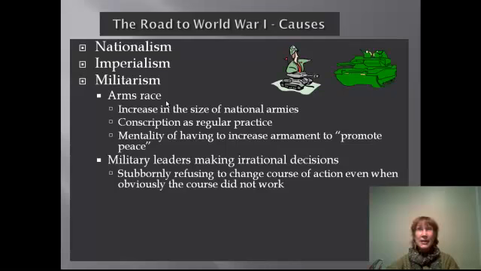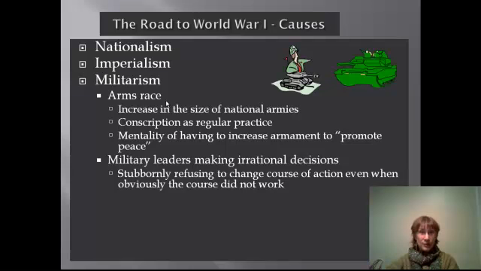And then there is another aspect which also happened in Japan, and it has happened in almost every country. At some point, the political leaders give way to the military leaders. In other words, they allow, either overtly or covertly, military leaders to make decisions.